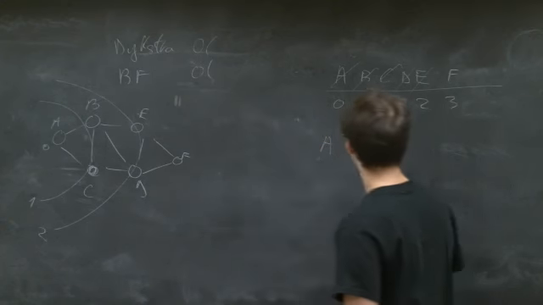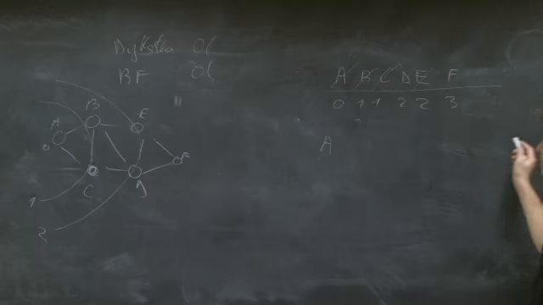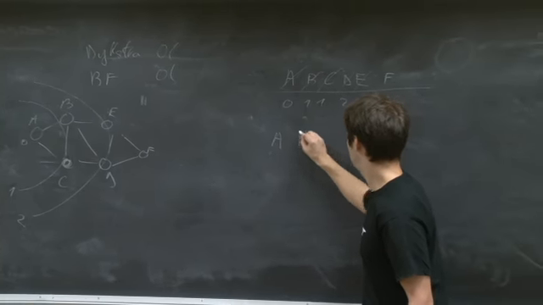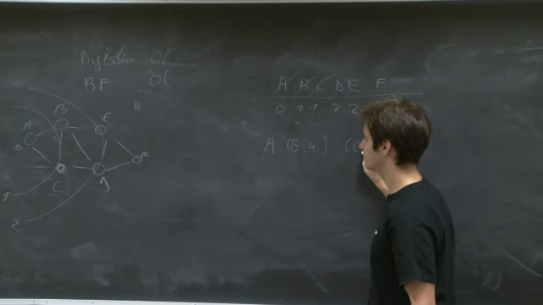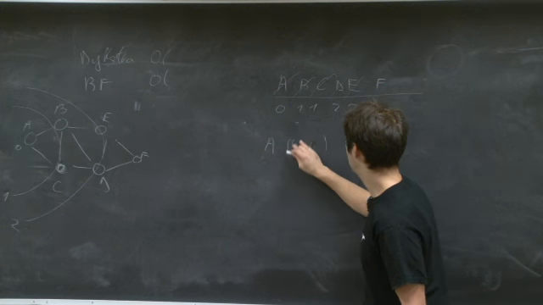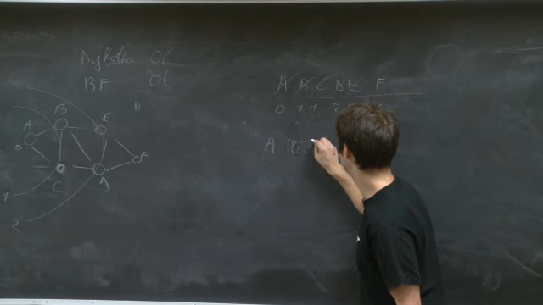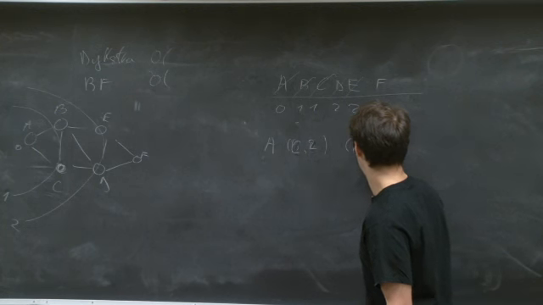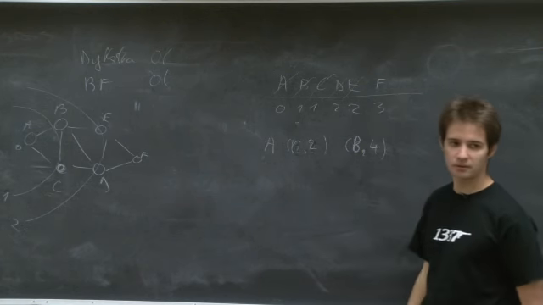OK, so what I would have in this list is B with a cost of 4 and C with a cost of 2, presumably the other way around, right? C goes first. Like this.